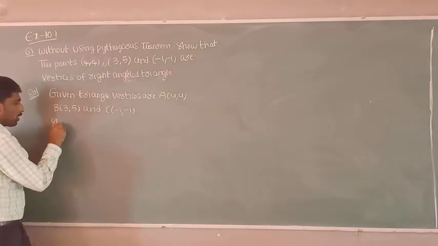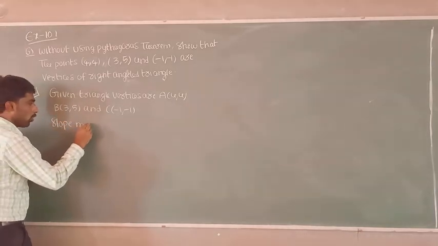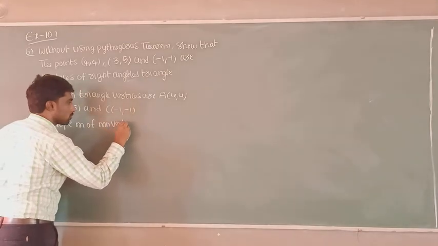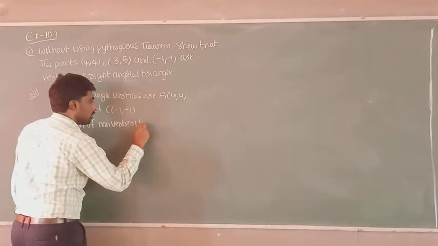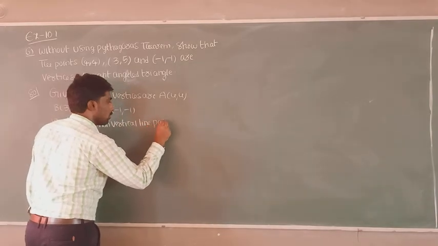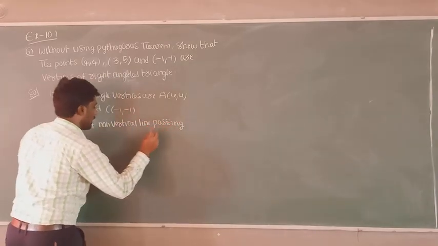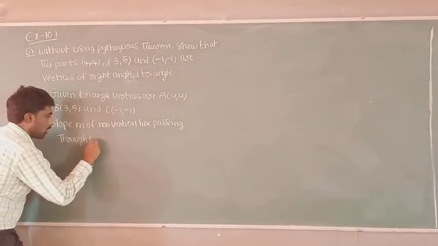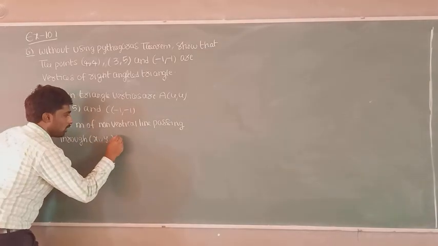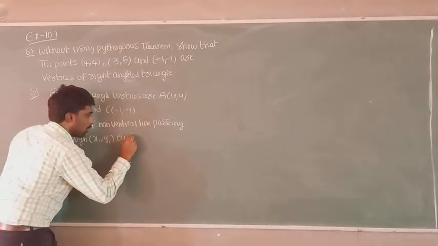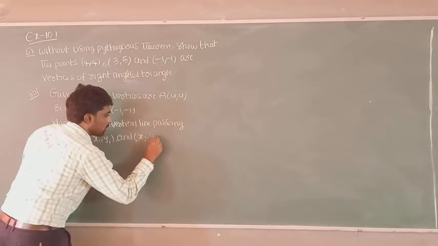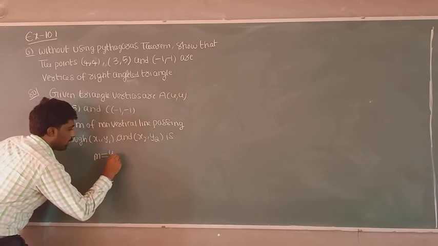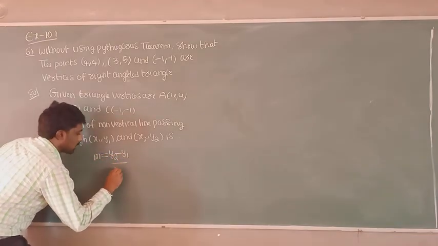The slope m of a non-vertical line passing through x1 comma y1 and x2 comma y2 is m equal to y2 minus y1 by x2 minus x1.